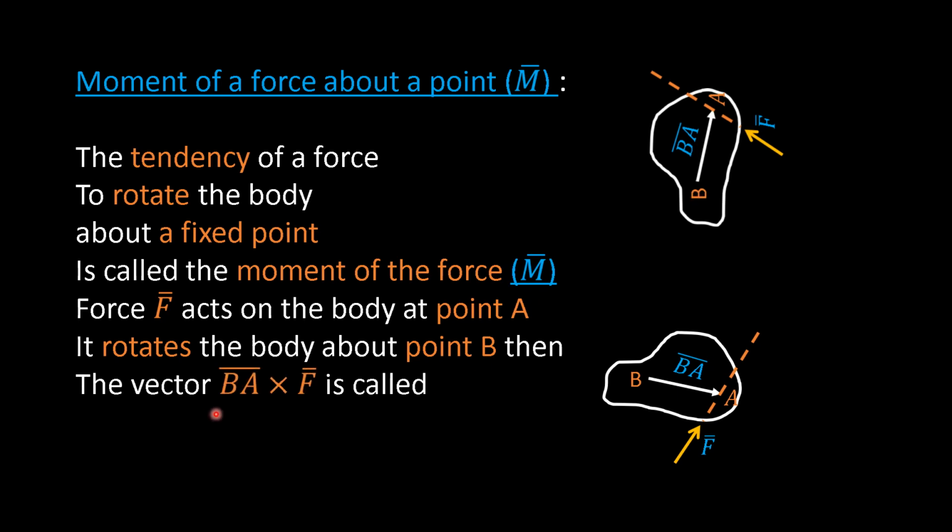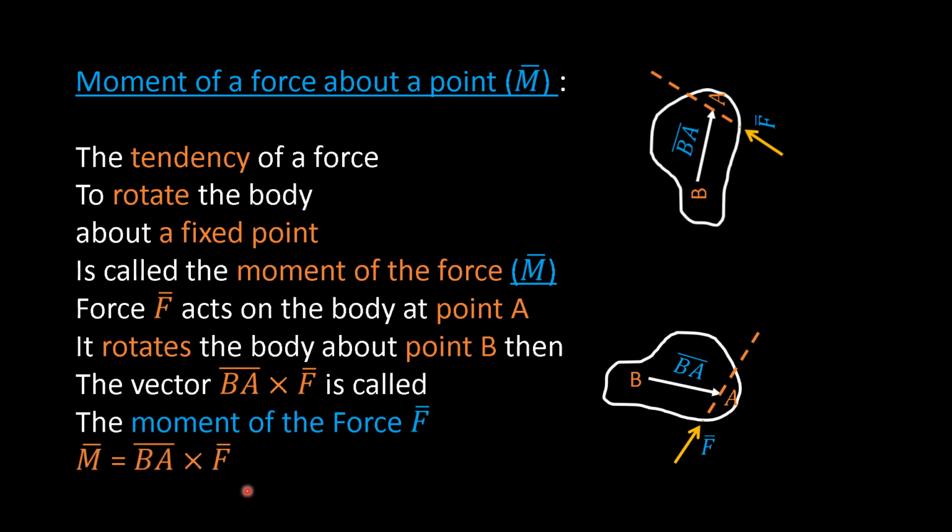The vector BA bar cross F bar is called the moment of the force F bar. So M bar equals BA bar cross F bar.